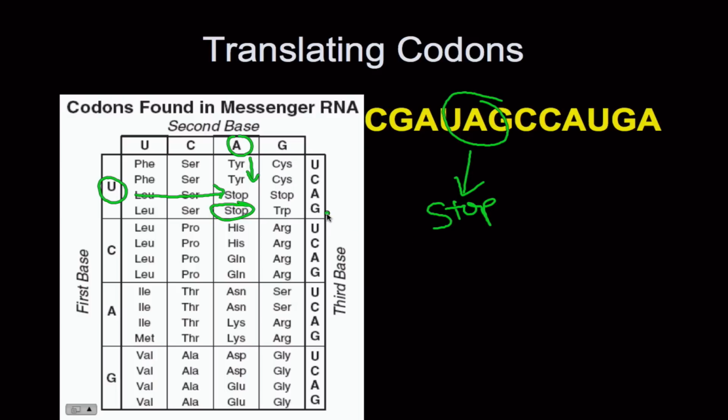So that's a stop codon. Reading this little chart right here is a lot like reading a multiplication table. You start over on the side, you go to the top, come down, and then you'll find exactly what protein is going to be made from that strand of RNA.